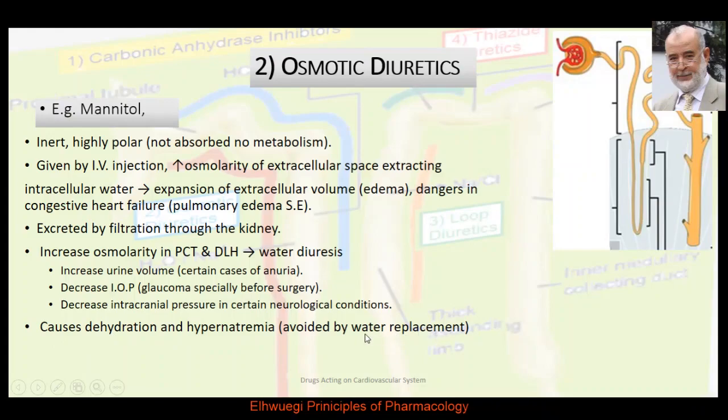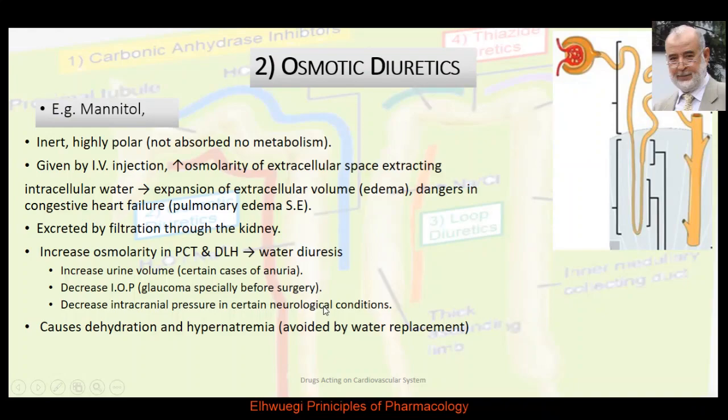So this is the second diuretic, osmotic diuretics. They are used usually intravenously. Of course, if they are taken orally, they produce diarrhea, but they are not given for this reason. If given intravenously, they can produce very strong water diuresis, which has many clinical applications.